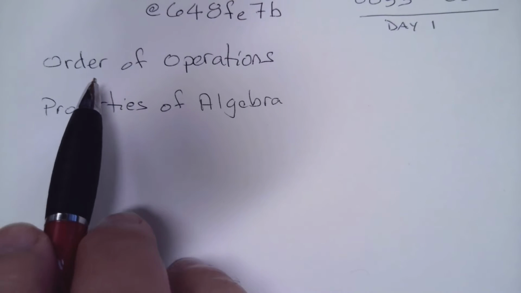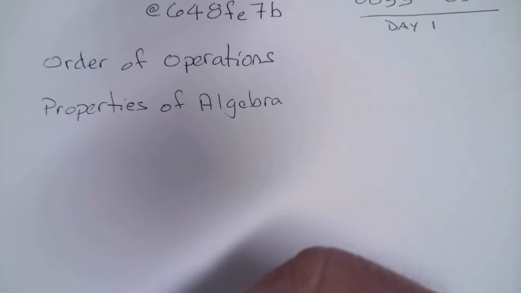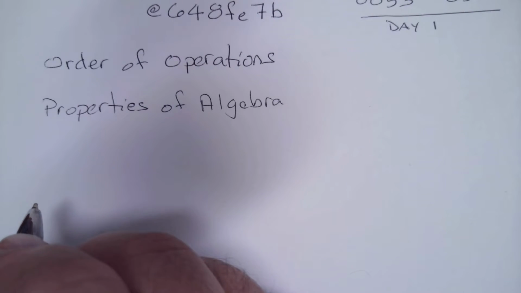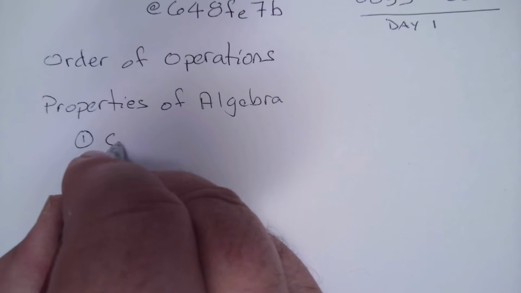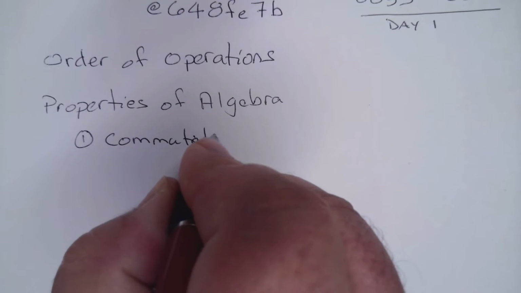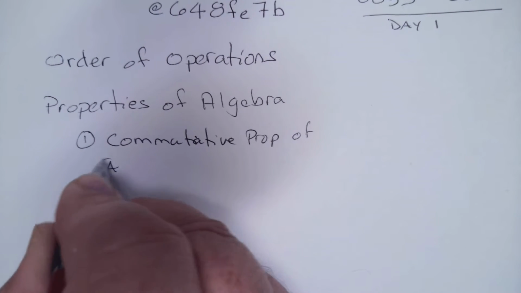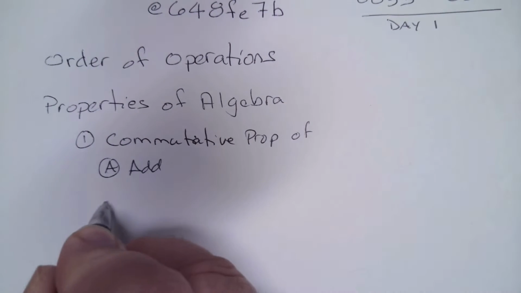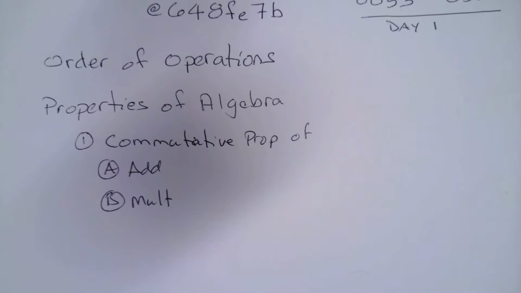With the order of operations, we limited last time only to addition and multiplication, right? We did the properties of math. What were the first three properties we had? The commutative property of addition and multiplication.